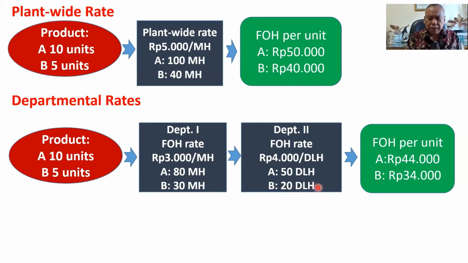So 20 direct labor hours times 4,000 will be 80,000. 80,000 plus 90,000 will be 170,000, divided by 5 units. So we find the factory overhead per unit for product B, 34,000.